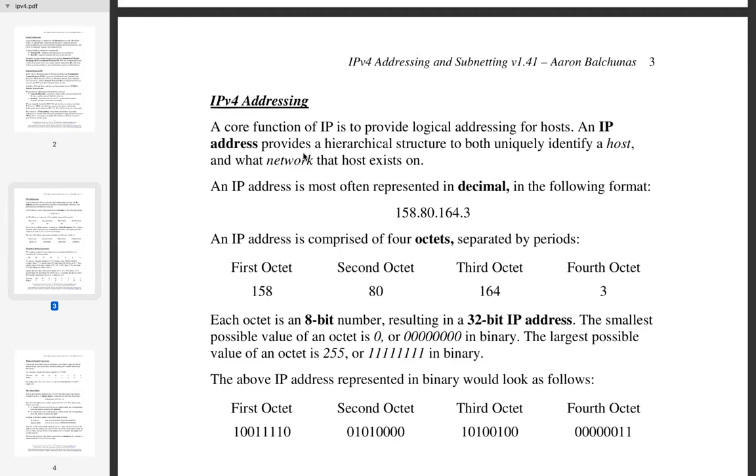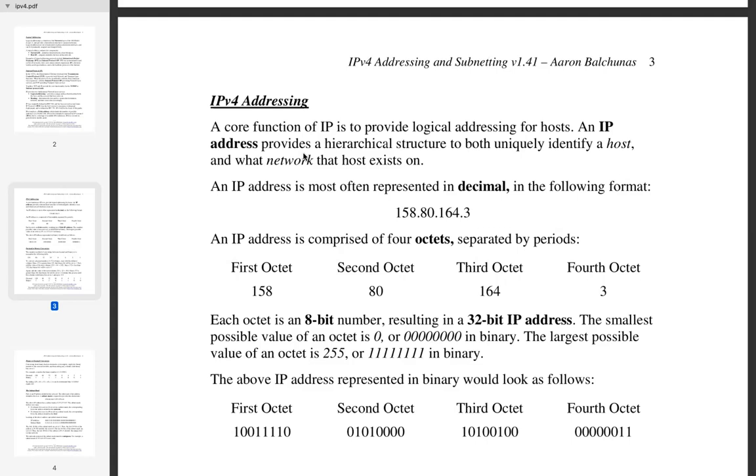Zeros and ones. In IP addressing, in networking in general, we use zeros and ones. And in networking, we use IP addresses, which are unique numbers assigned to each of the hosts. These unique numbers are formed from these zeros and ones.